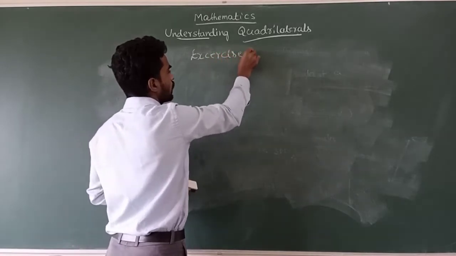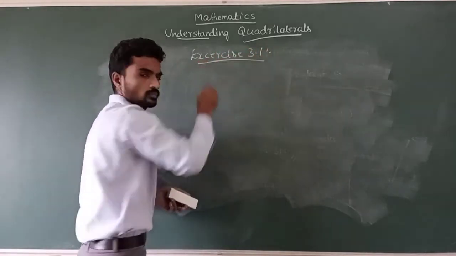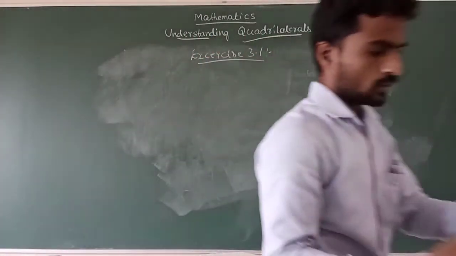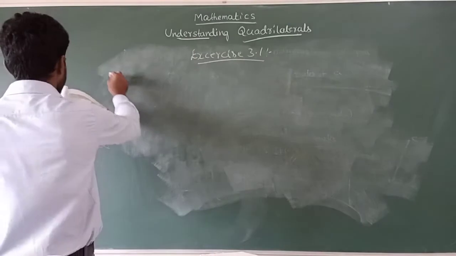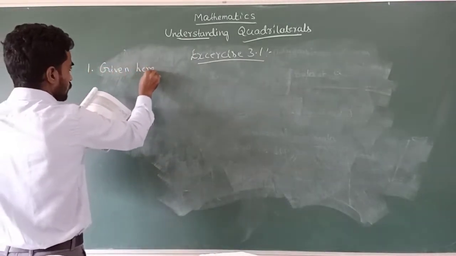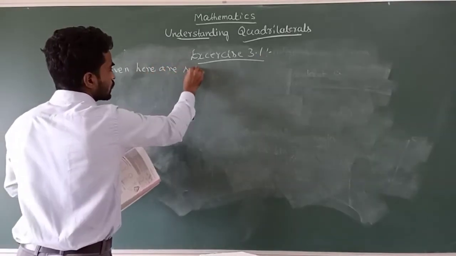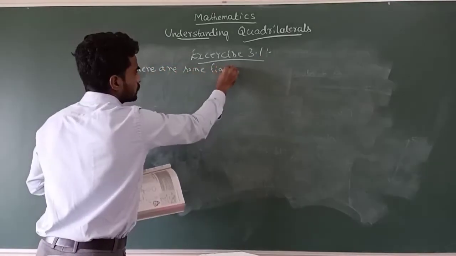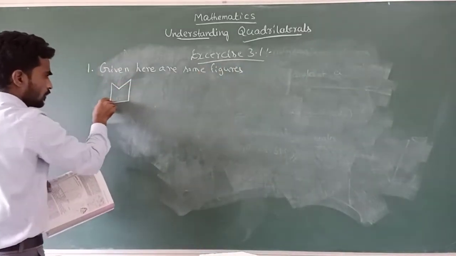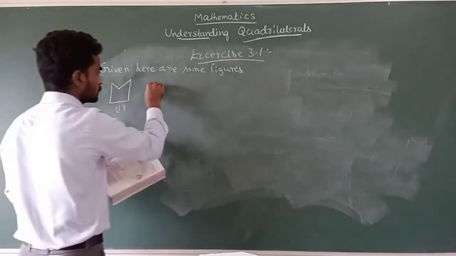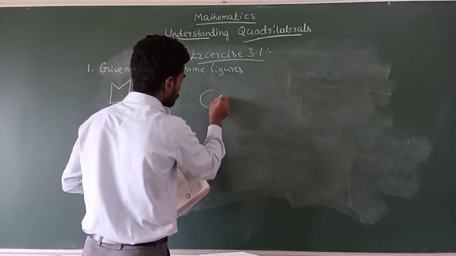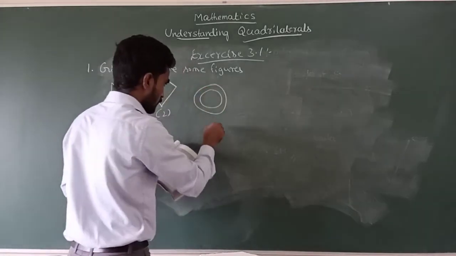Exercise 3.1. Here they are given some figures like this. I will draw roughly. This is called 1. This is called 2. This is 3.